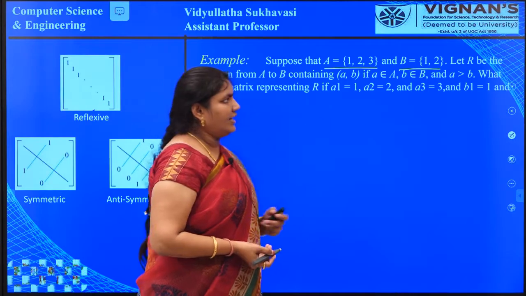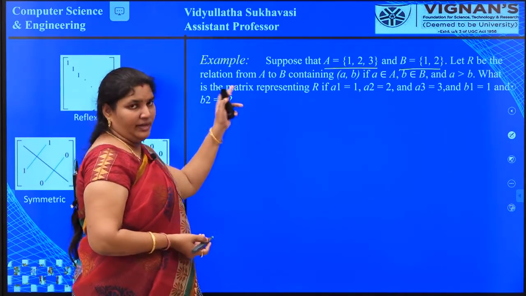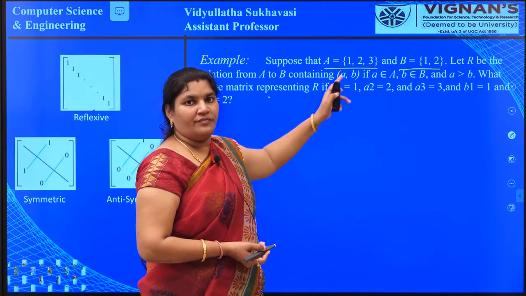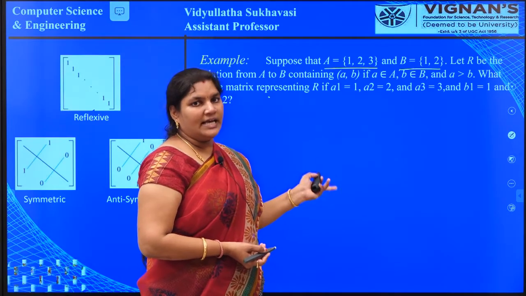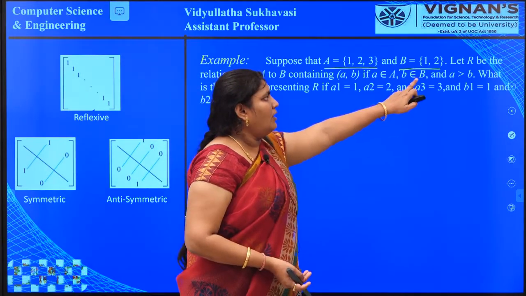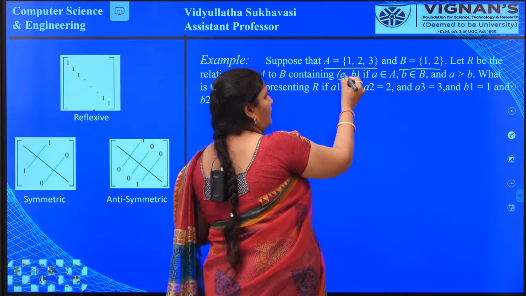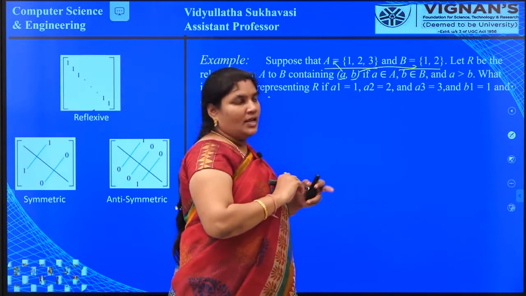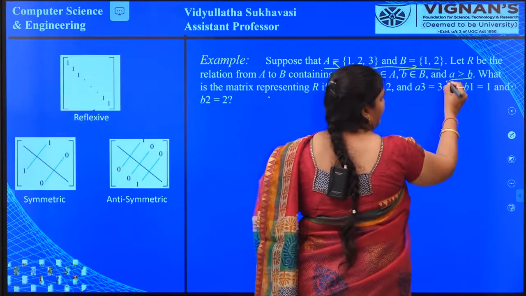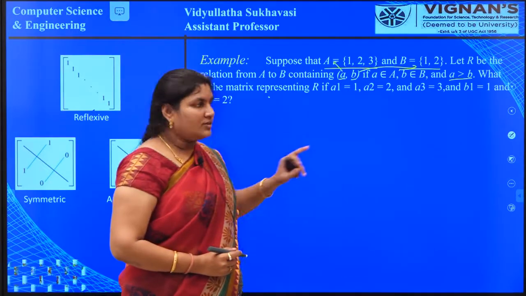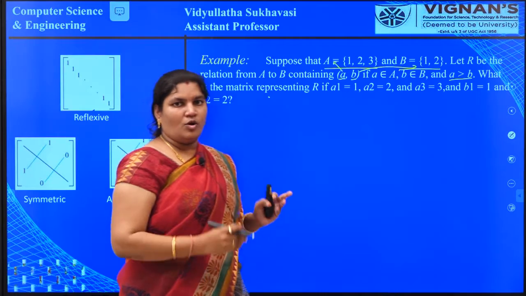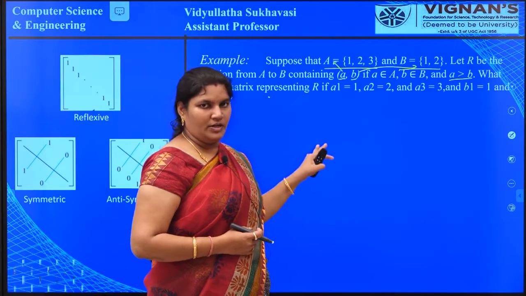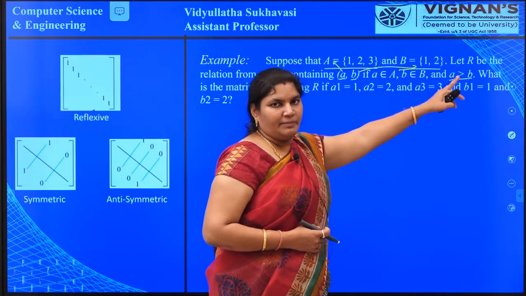They have given a relation R from A to B containing the ordered pairs (a, b), where a belongs to A and b belongs to B, and then they have specified one condition, a greater than b. Based on this condition we are going to write the relation. After writing the relation, only then are we going to represent the matrix for this problem, since they have specified the a greater than b condition.